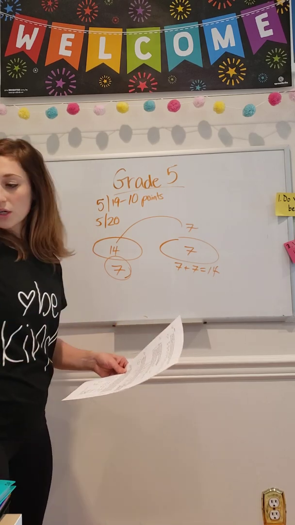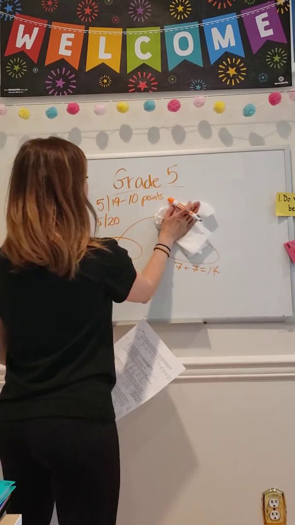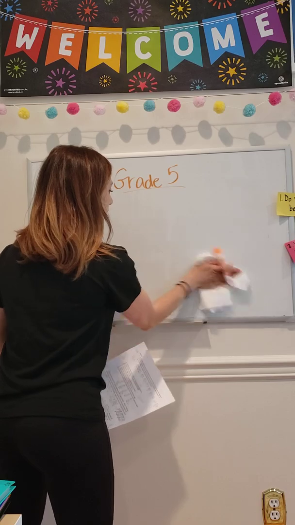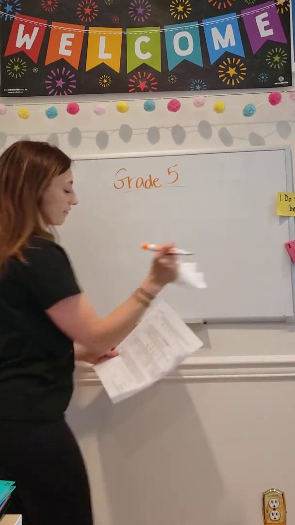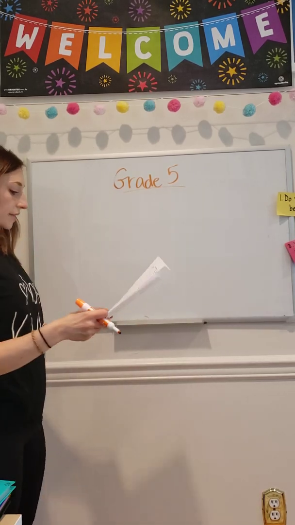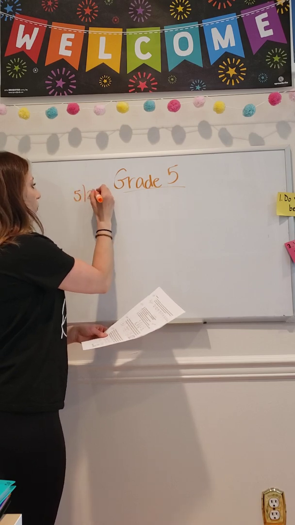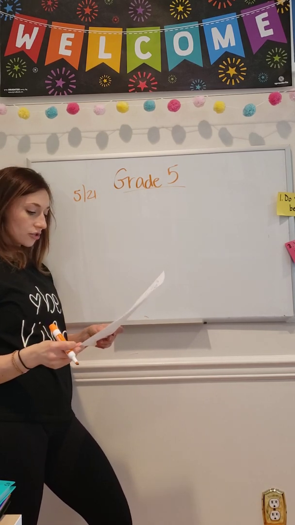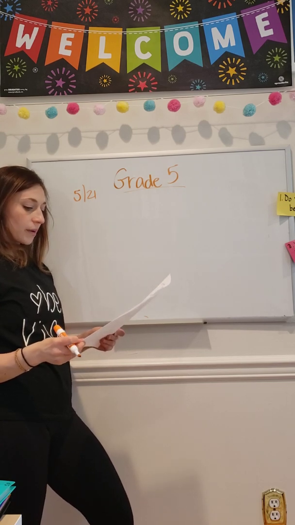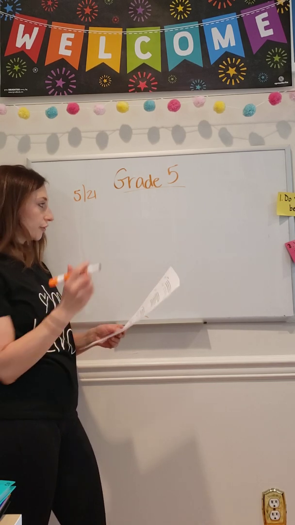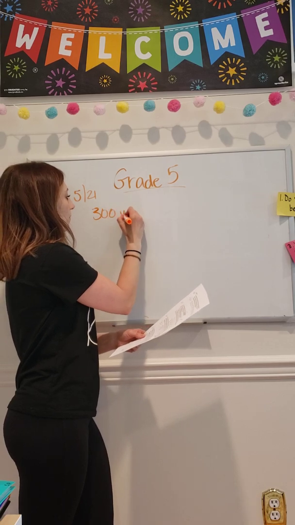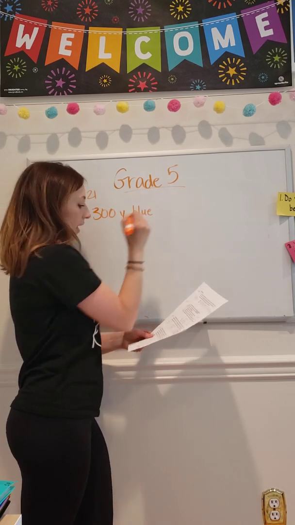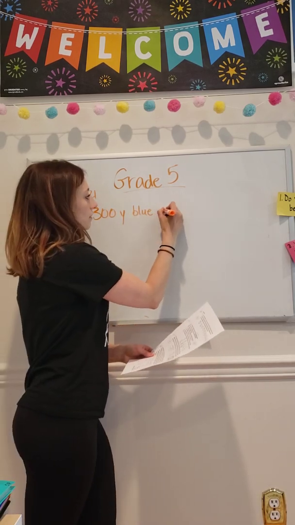All right, we're going to do one more problem for this week. It's a little bit complicated, but I hope you'll be able to follow along. It says, Molly plans on sewing quilts using 1,500 yards of fabric. She buys 300 yards of blue fabric at a price of 50 cents per yard.